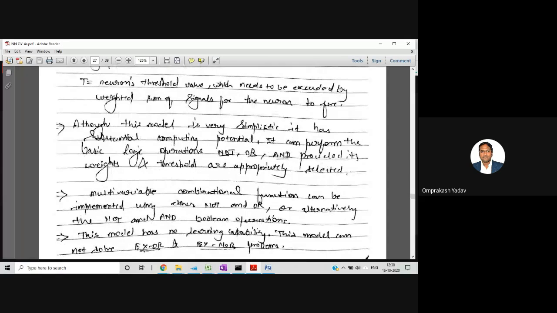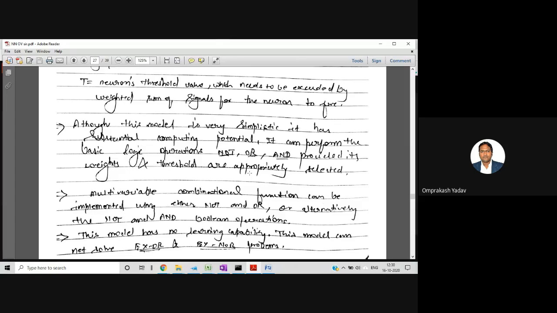Okay, now this is an important point. Although this is very simplistic, it has substantial computing potential. It can perform basic logic operations like NOT, OR, and AND. So we will try to design all these gates with the help of the McCulloch-Pitts neuron model, right? It can perform these basic operations provided its weights and thresholds are appropriately selected.